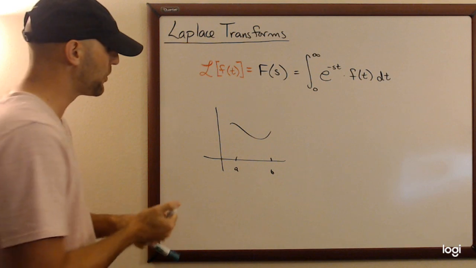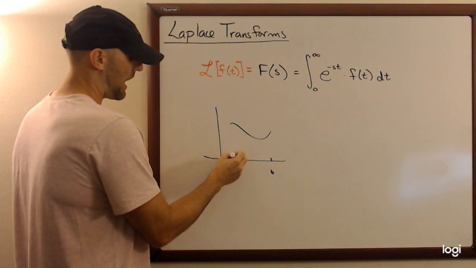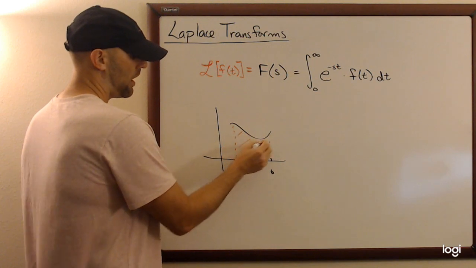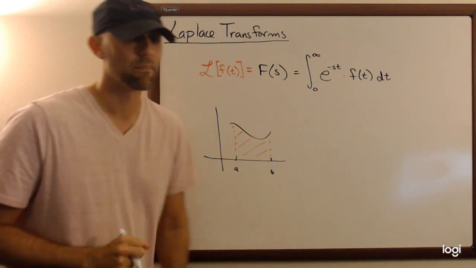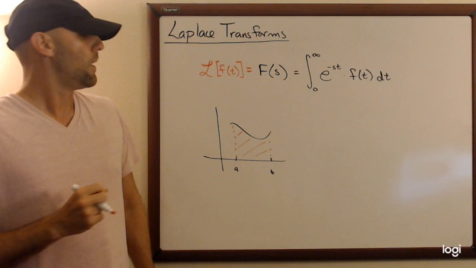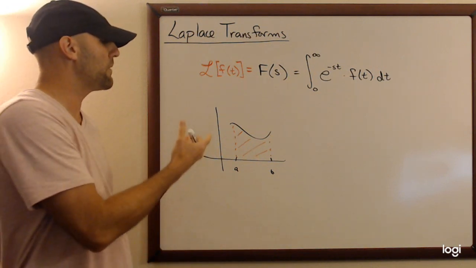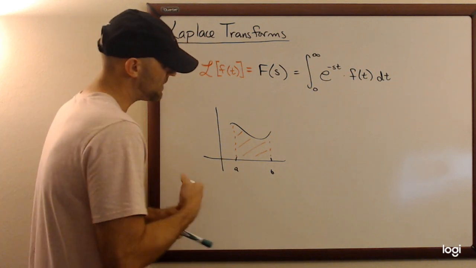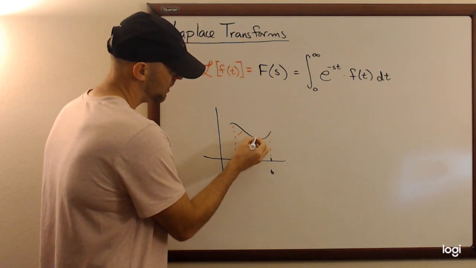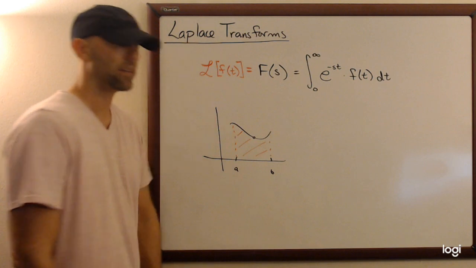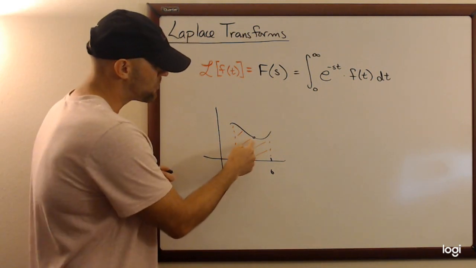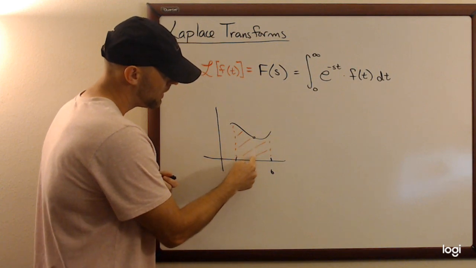I know that the integral here just represents the area underneath this curve between a and b. Yes? Okay. What if I was missing a point? What if I were missing that point? Well, all I have to do is subtract off the area immediately below that point.